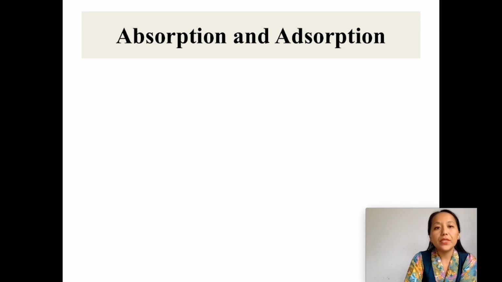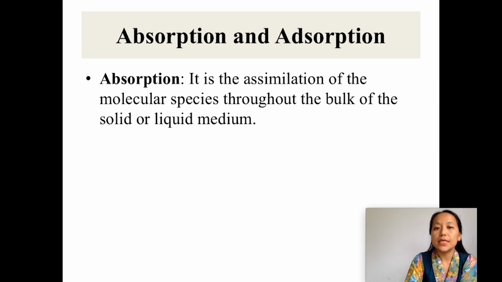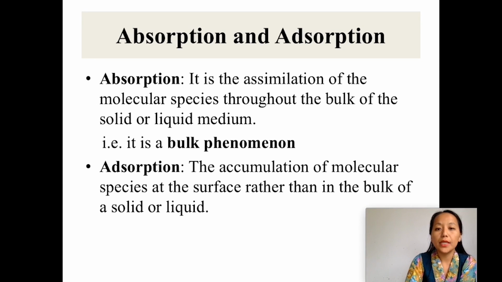Now let me give you the definition of absorption and adsorption. Absorption is the assimilation of the molecular species throughout the bulk of the solid or liquid medium. That is, it is a bulk phenomenon. Whereas adsorption is the accumulation of molecular species at the surface rather than in the bulk of a solid or liquid.